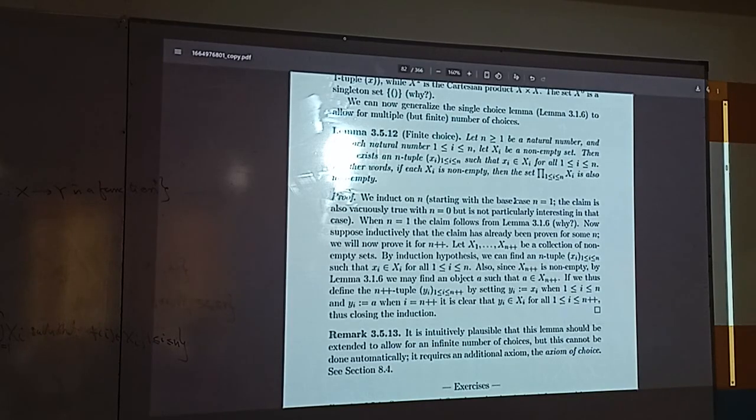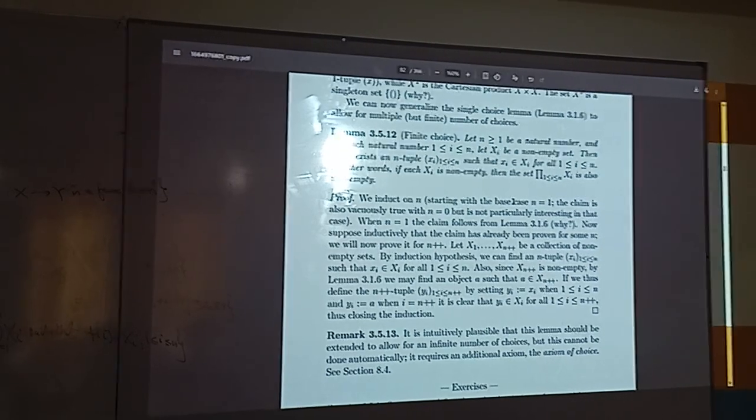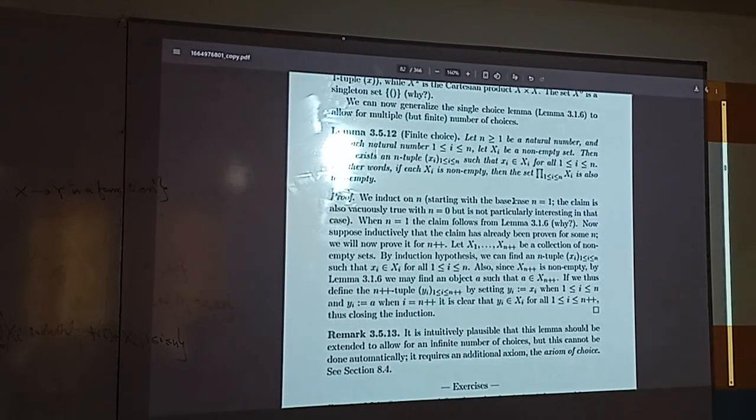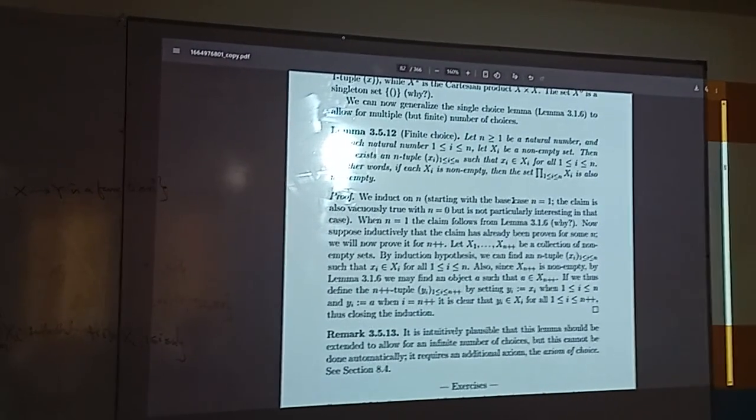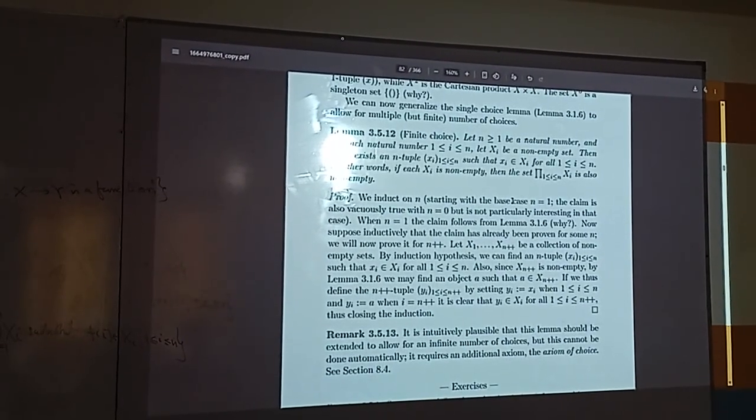You have finite single choice, no? Single choice is if x is a non-empty set, you can choose an x from that set. We proved it. So this is finite choice: when you have finitely many sets, you can choose one from each set.